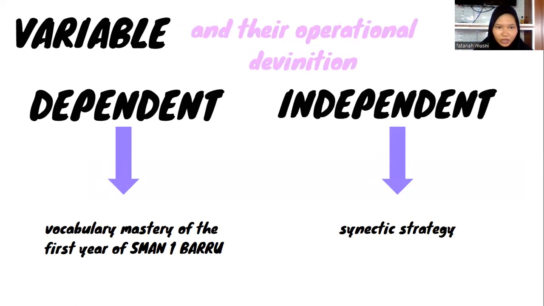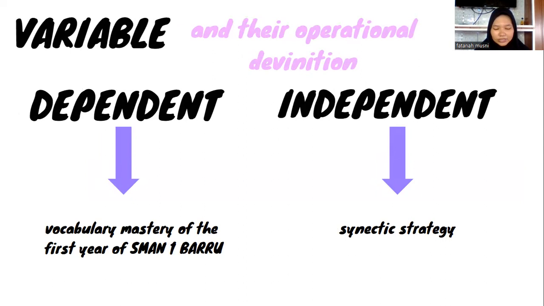And then variables and their operational definition. There are two variables in this proposal. The first variable is the dependent variable, vocabulary mastery of the first year of SMA Negeri 1 Baru. What is vocabulary mastery? Vocabulary is an important element in learning English.